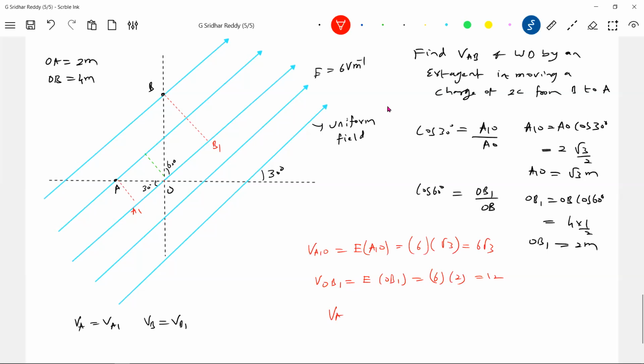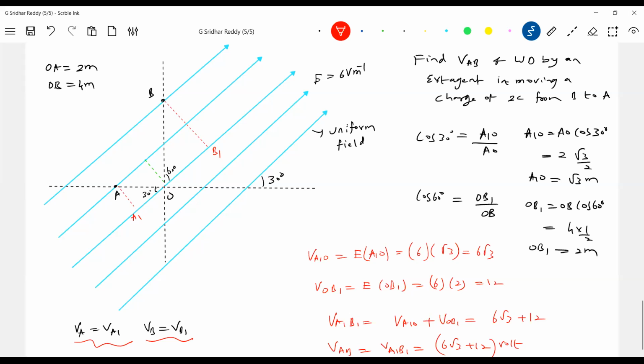So I want potential difference A1B1, which should be equal to VA1O plus VOB1, that is 6 √3 plus 12. Fine. But we wanted potential difference VAB, no? Since VA is equal to VA1 and VB equal to VB1, therefore VAB is in fact equal to VA1B1. This will be your answer.